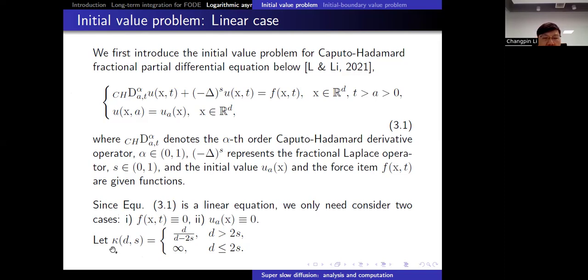This is kappa of d and s, where d is the domain dimension and s is the index of the fractional operator, defined like this. This is the critical value.